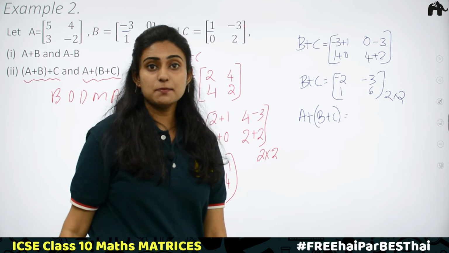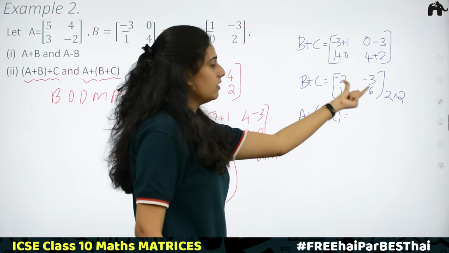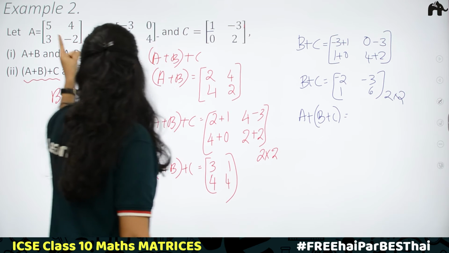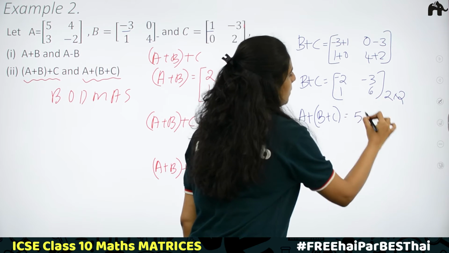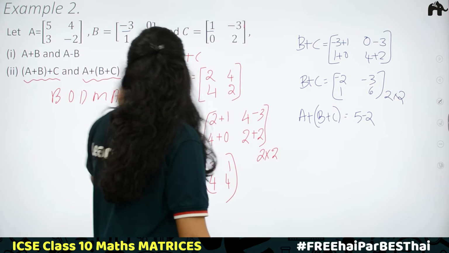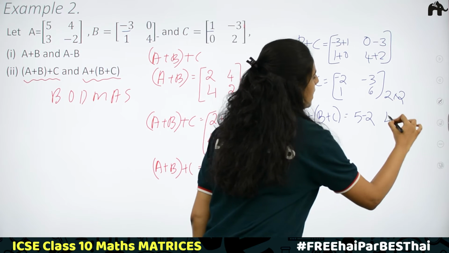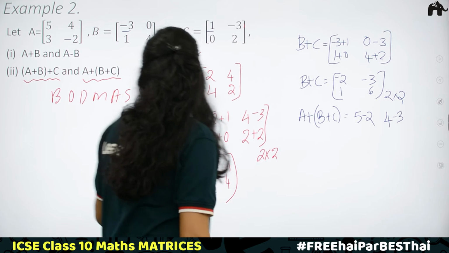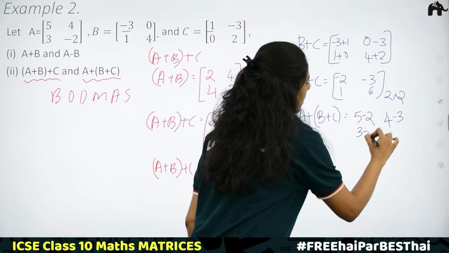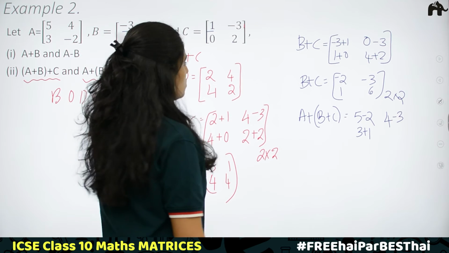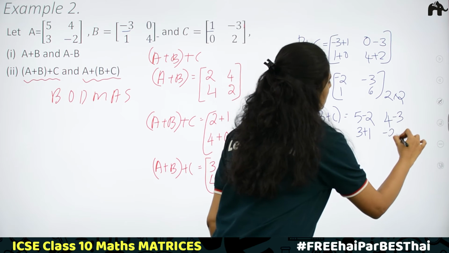Okay. Next, A plus (B plus C). What is A plus (B plus C)? B plus C we got. What is A? Here we have first element 5. We have to add 5 plus minus 2. 5 minus 2. Here we have 4 plus minus 3. 4 minus 3. Then here we have 3 plus 1. And minus 2 plus 6.